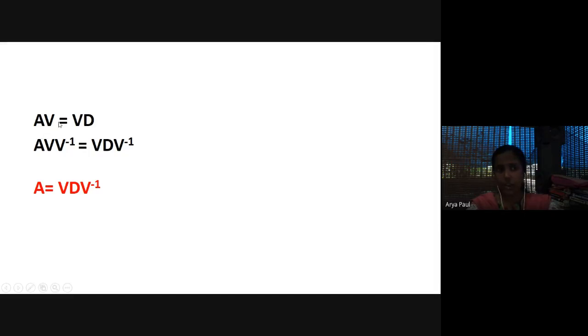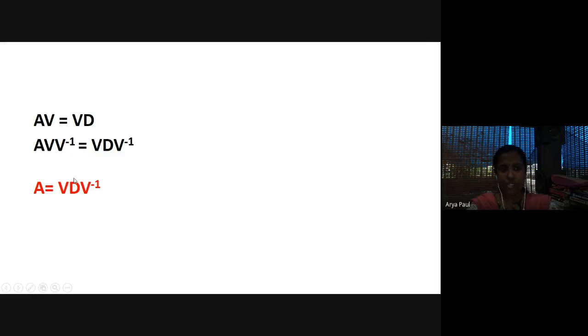What is V into V inverse? V into V inverse is I, the unit matrix. So A is equal to VD V inverse.